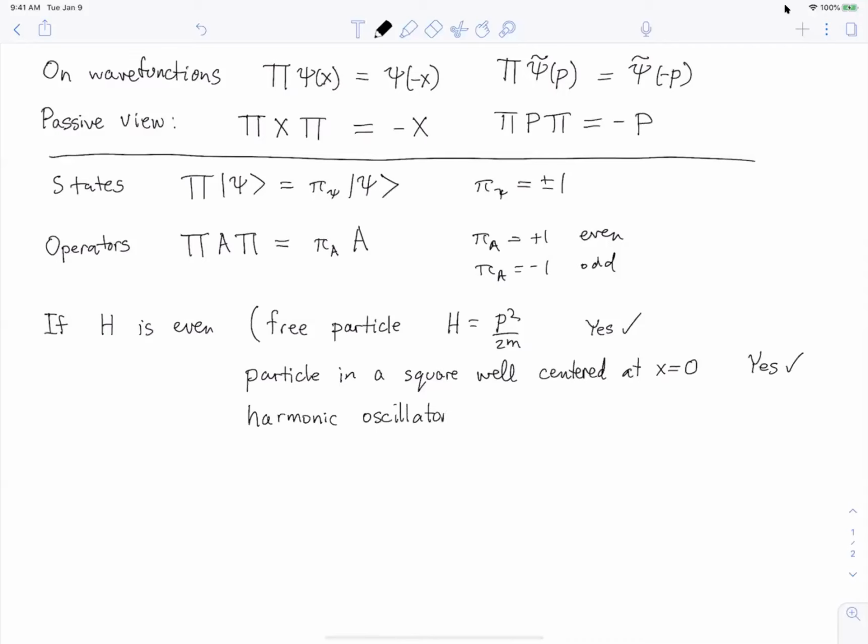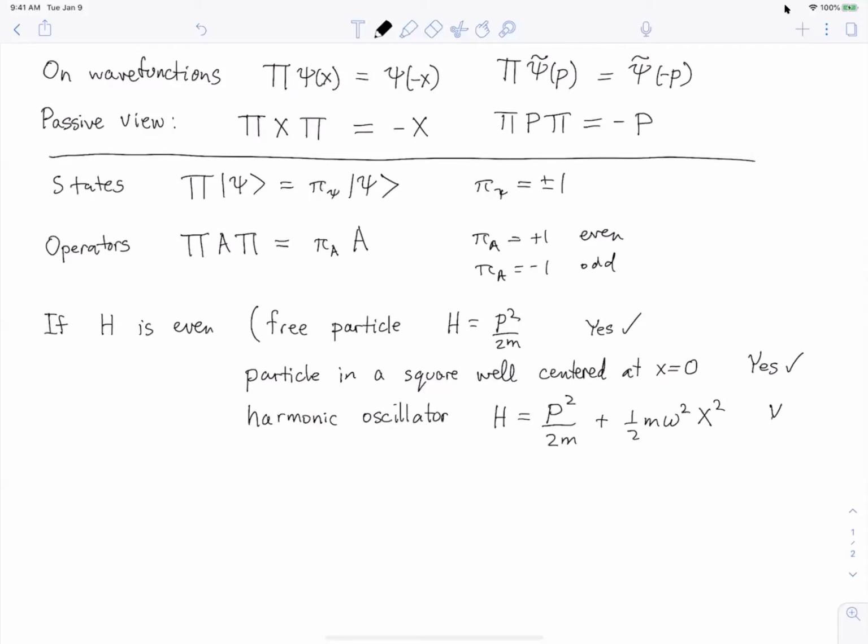Again, if it's centered at 0, namely if its Hamiltonian looks like this: p squared over 2m plus 1/2 m omega squared times x squared. So both terms, if you act with parity, flip sign twice, p flips sign, x flips sign, but they're both to the second power.